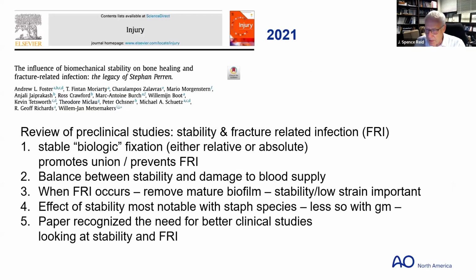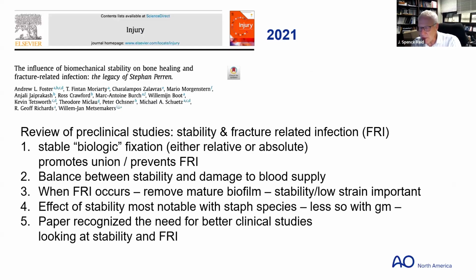So this is the paper that reviews all this. This is from Injury in 2021. They looked at all the preclinical studies of stability and how they relate to fracture-related infection. And what they found was that stable fixation, either relative or absolute, both promotes union and prevents fracture-related infection. And there always needs to be a balance between stability and damage to blood supply.